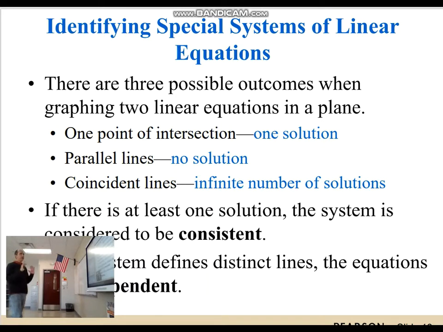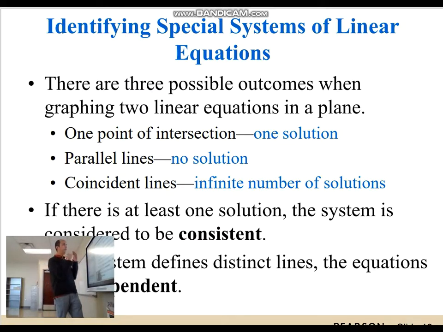Now we have seen a few examples. We can come to a few conclusions. Check this out. There are three possible outcomes when graphing two linear equations in a plane. You can have one point of intersection, one and only one point, and then you're going to have just one solution. The other situation is if they are parallel.